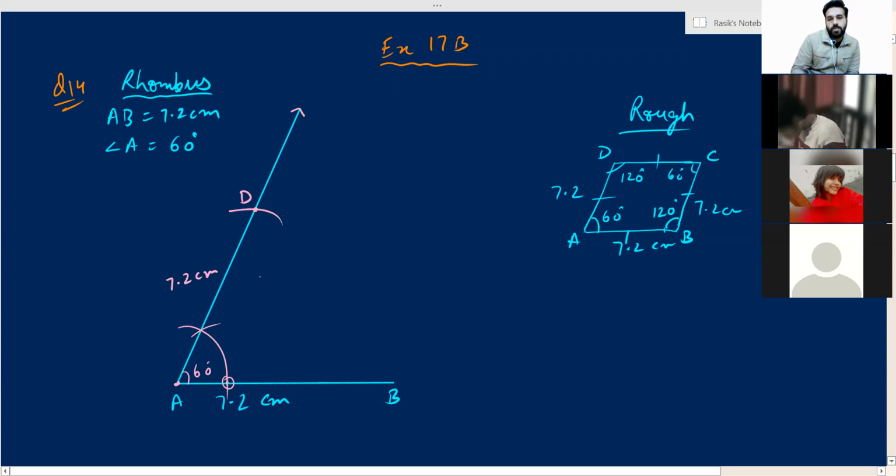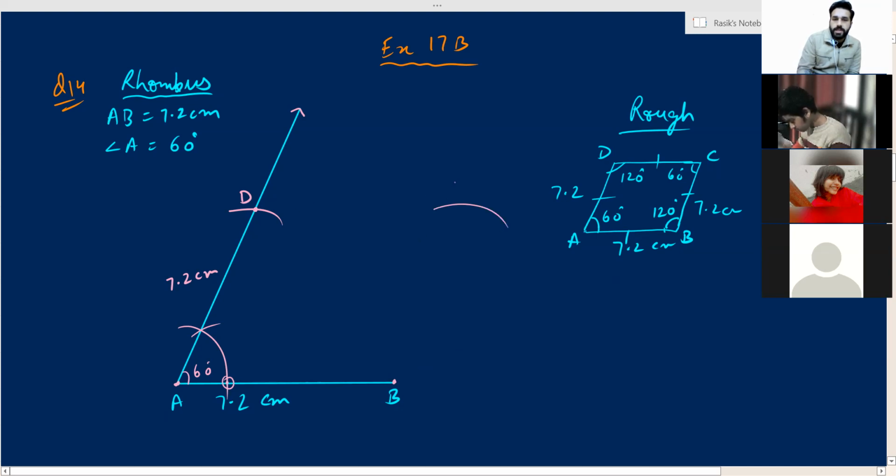Now it is very easy to find C. There are two ways of doing it. Either you construct angle B of 120 degrees and then make an arc at a distance of 7.2 centimeters, you will get C. So this is one way. Second way, you already have measured 7.2 centimeters in your compass. So draw an arc from B at a distance of 7.2 here.